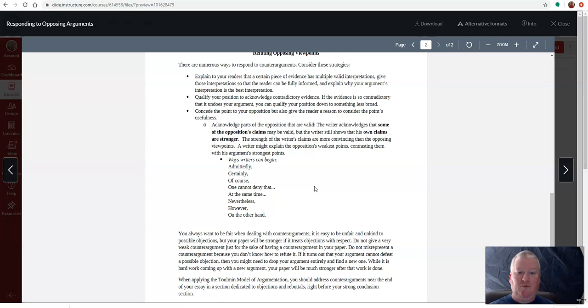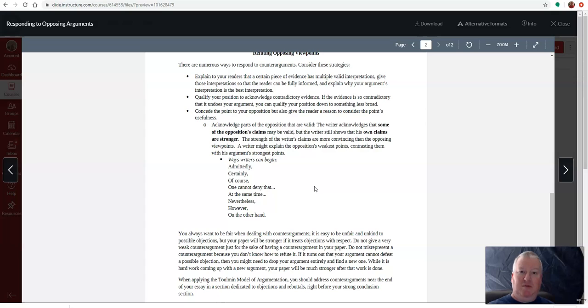At the same time, however, or on the other hand, nevertheless, there are studies conducted in Washington State that disprove this commonly held view. And I would point to that source, this source in the article.